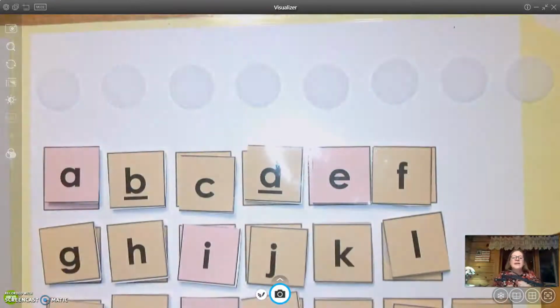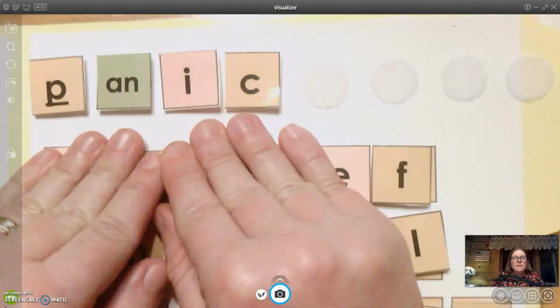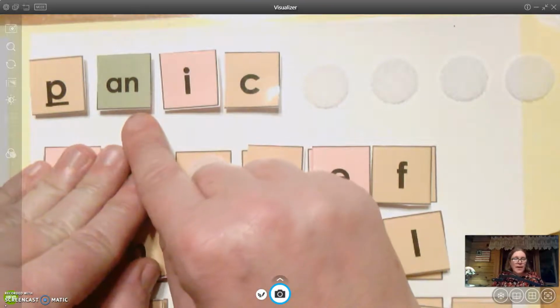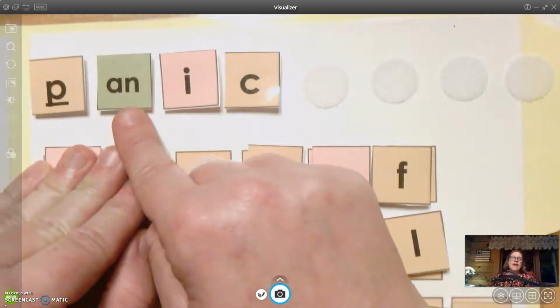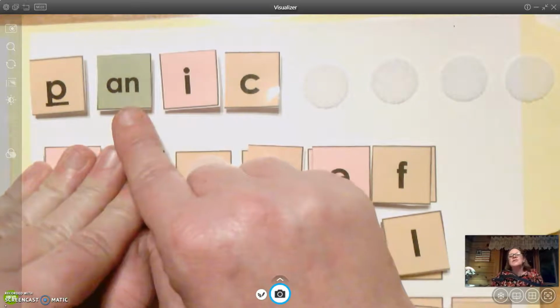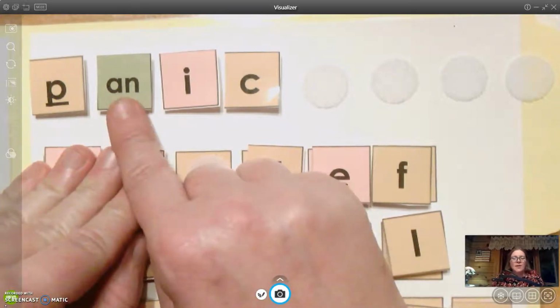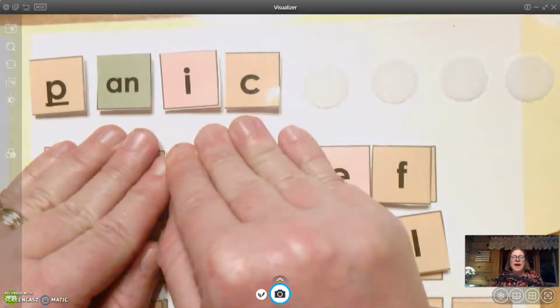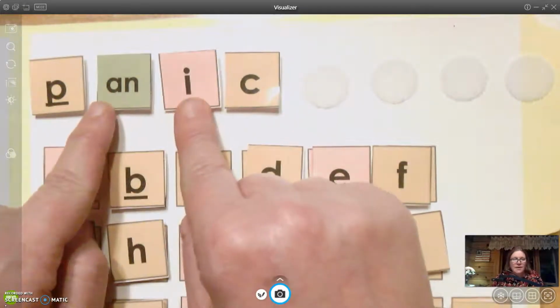Your next word is panic. Echo, panic. Here's the word panic. If you did not catch the A on weld, that's okay. Just remember the welds, the sounds are like they're glued together, so they're just a little harder to separate. So that's why they're together. But if we take a look at this and we ask ourselves, does this word need to be divided? Yes, it does. Why? Because it has two vowels.